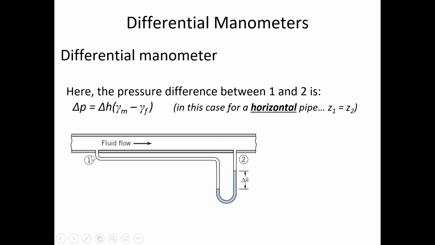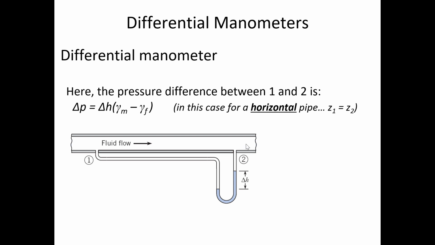So we've got location 1 and location 2, which is downstream. The water, or whatever the fluid is, is flowing from the left to the right. And notice this pipe is horizontally oriented, and that's significant. It simplifies things a little bit. In a moment, we'll look at what if the pipe is inclined.